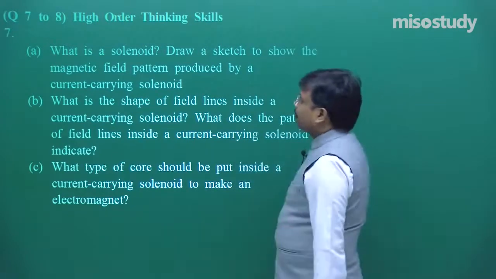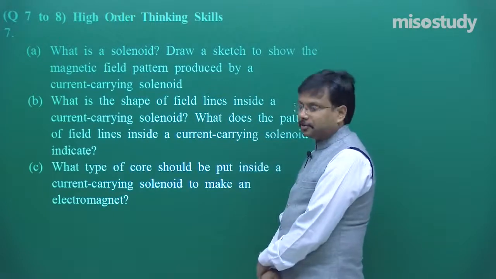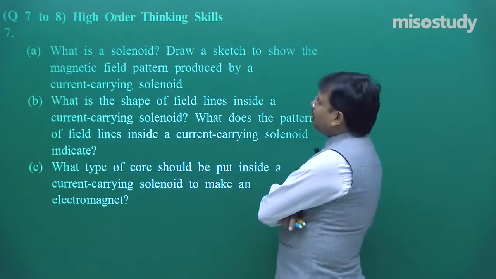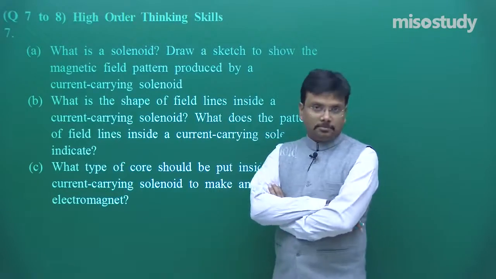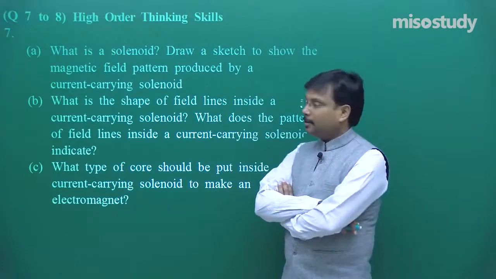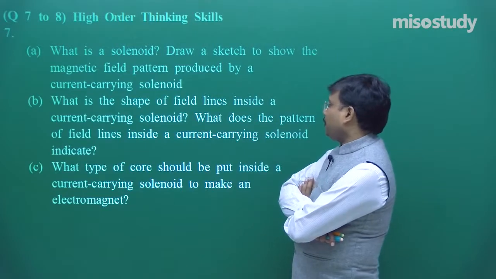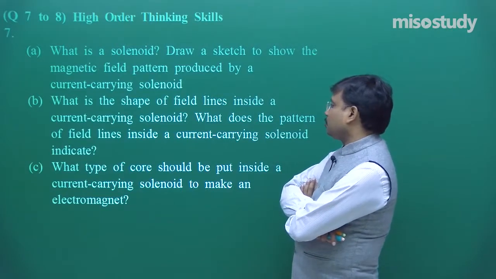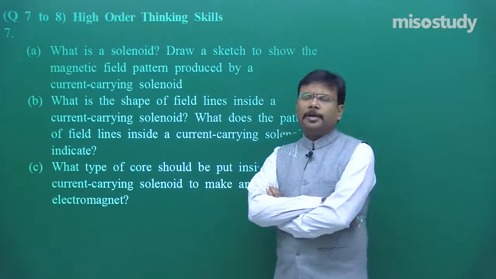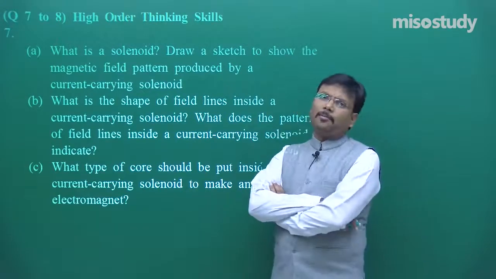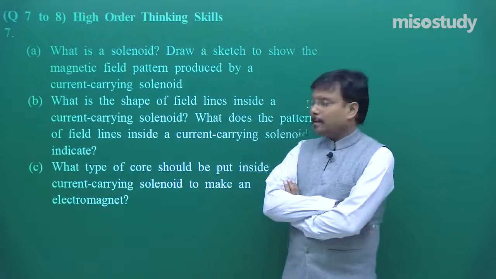Then comes B part. Fine. What is the shape of field lines inside a current carrying solenoid? Straight line. Fine, inside the bar magnet. What does the pattern of field lines inside a current carrying solenoid indicate? They indicate that field lines start from one pole into another pole. Simple.